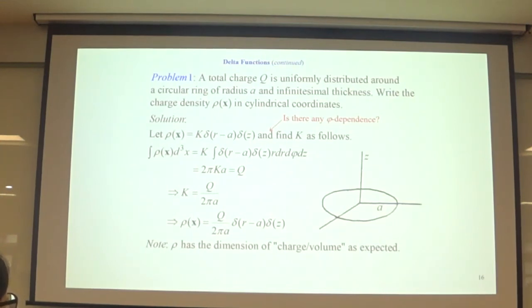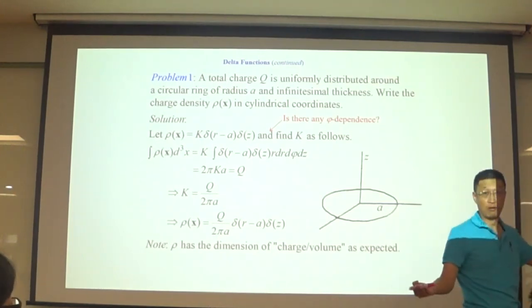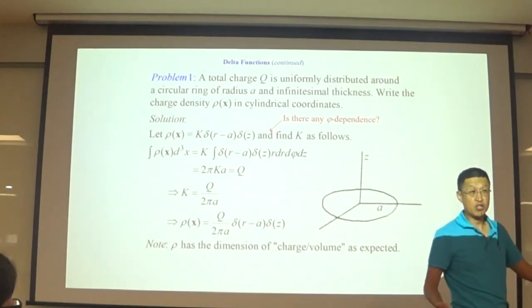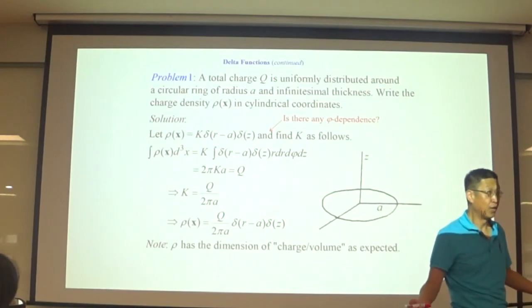What's the difference between these two expressions? After integration, the same. Only when r equals a do we have a value, so it should be the same if you perform the integration.